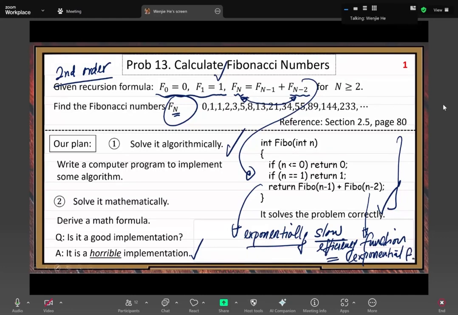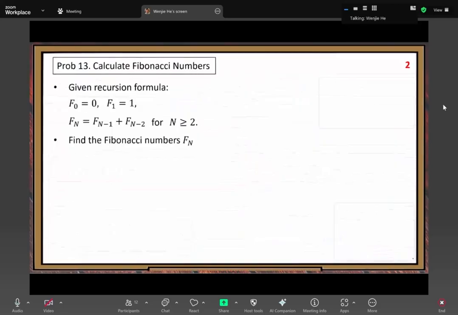We know exponential functions are very slow. Why? How do you see that? Let's see why it is so slow. Here I show you a simple example to try to see why it is so slow.